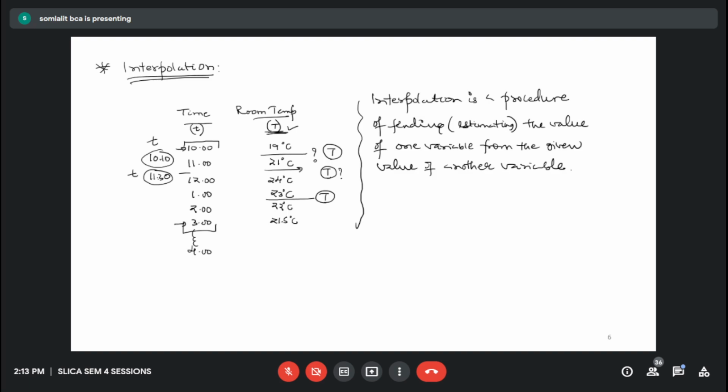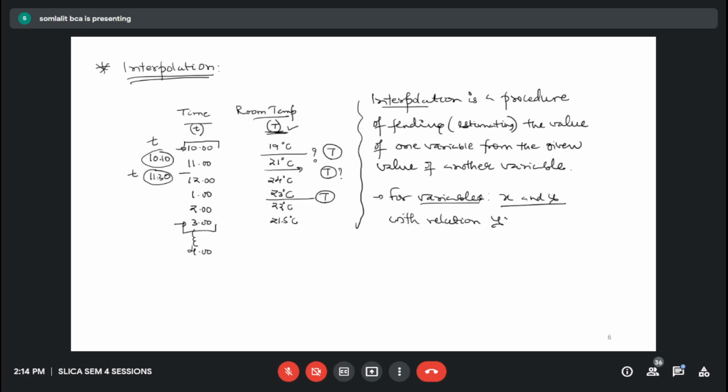Fine. So this is what we understand by interpolation. Let me write: for two variables, say x and y, that is your two data sets, with a relation. This relation means y depends upon x through a certain relationship.